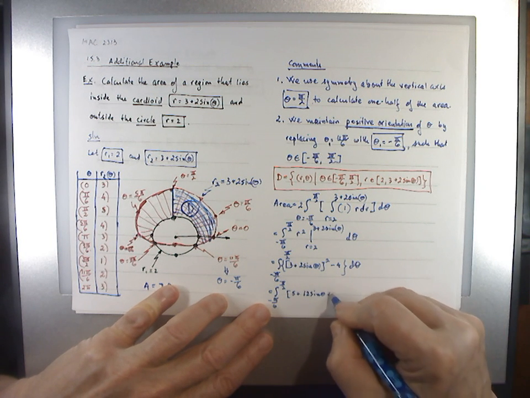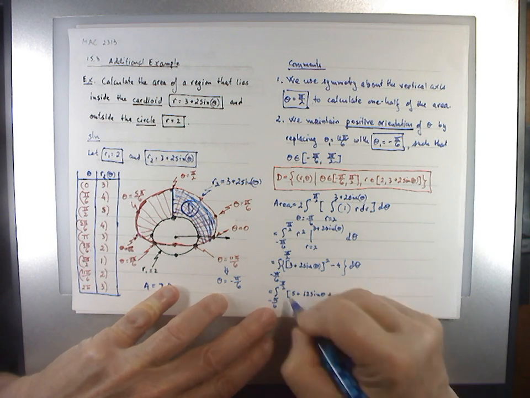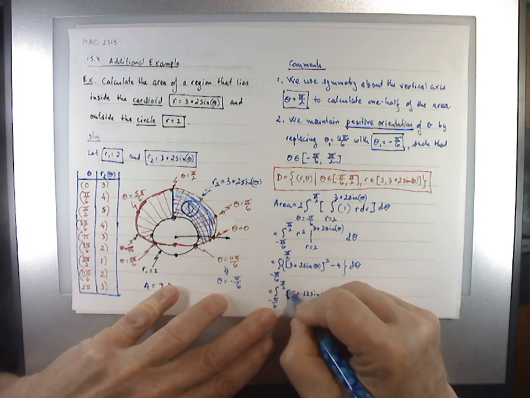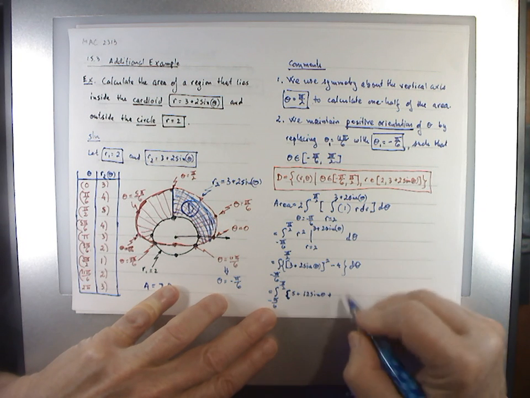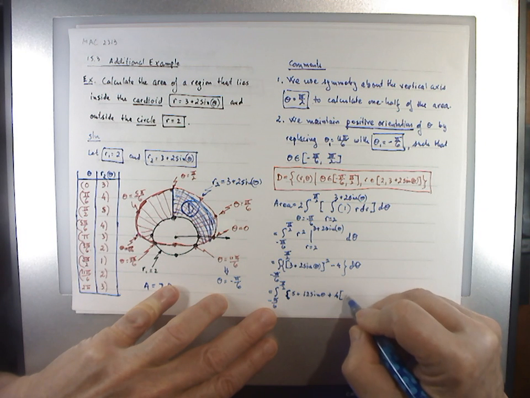But instead of sine squared of theta, I can replace it with the half angle identity. So let me change this bracket to a curly bracket, because instead of 4 sine squared, I have 4 times 1/2, if you recall.